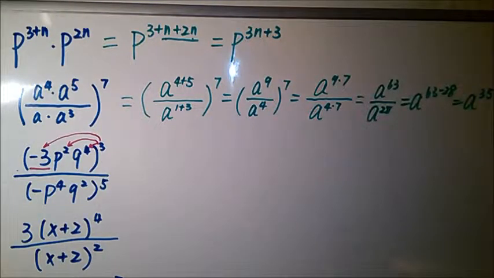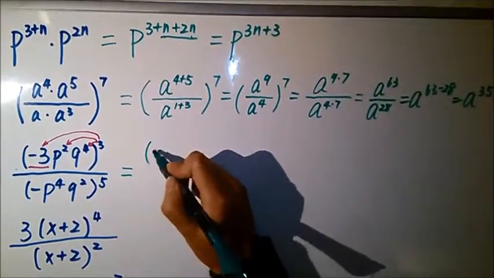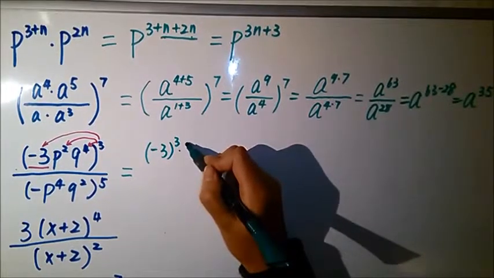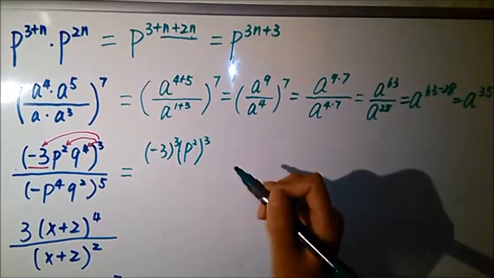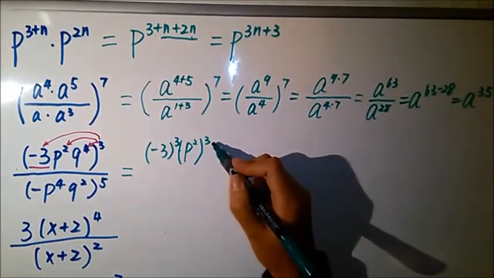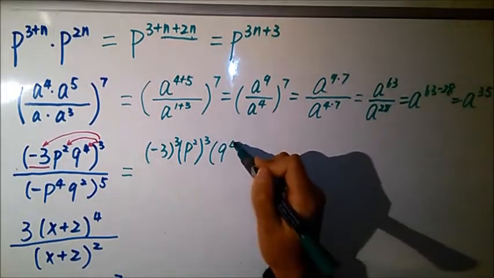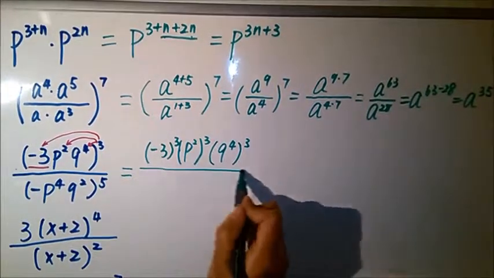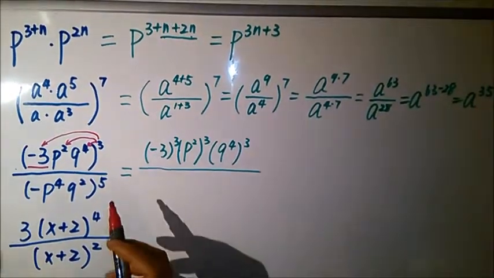Okay, so in the numerator, we're going to have parentheses, negative 3 to the 3rd power, times p to the 3rd power times power of 2, right? The other way, p to the 2nd power, to the 3rd power, okay? And then times q to the power of 4 times 3. For the denominator, we're going to do the same thing, using the power rule here.